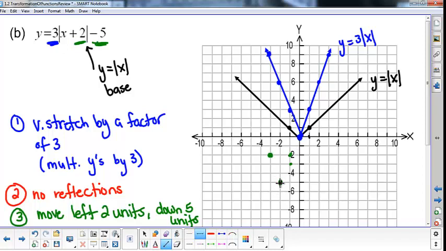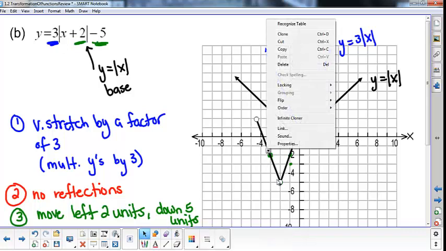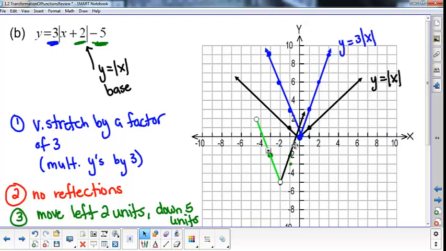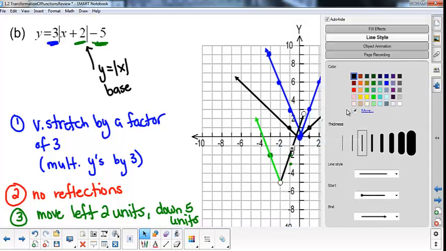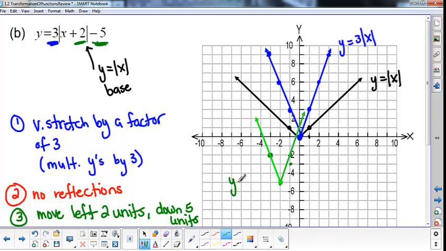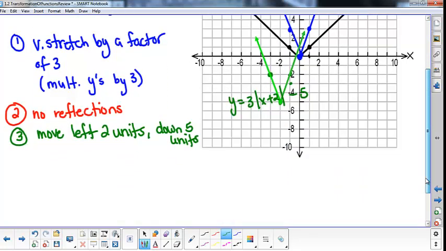And then we just connect the dots and change the color. And don't forget to label. And then we'll talk about domain and range.